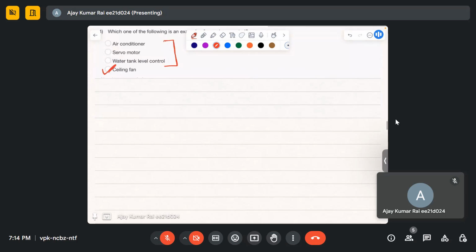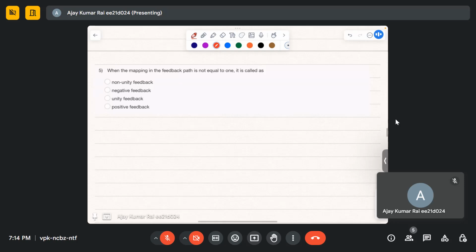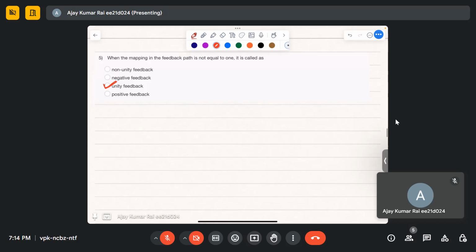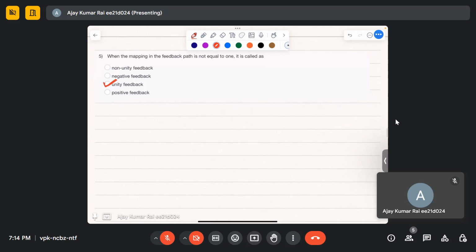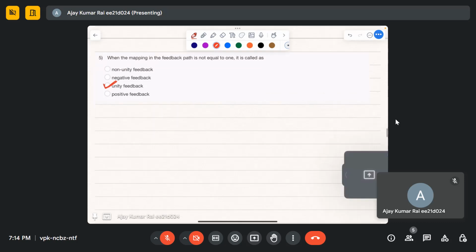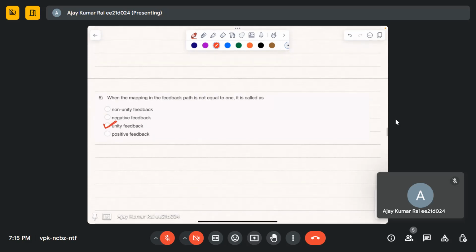When the mapping in the feedback path is not equal to 1, it is called, again this is very simple, unity feedback, right? If we neglect sensor dynamics, we call it unity feedback. It's not equal to 1, so it's non-unity feedback.